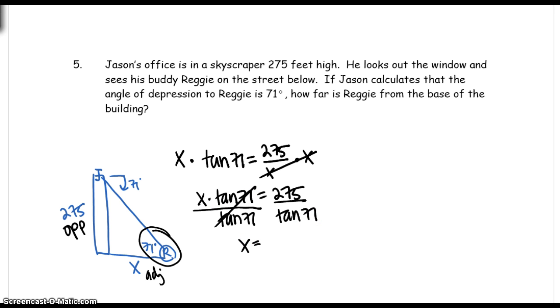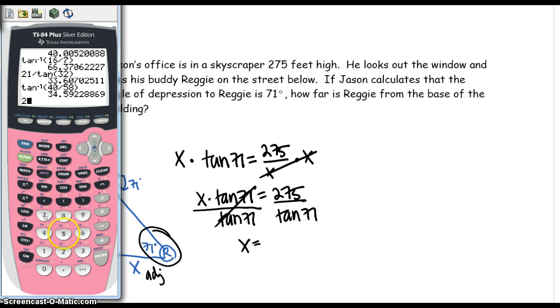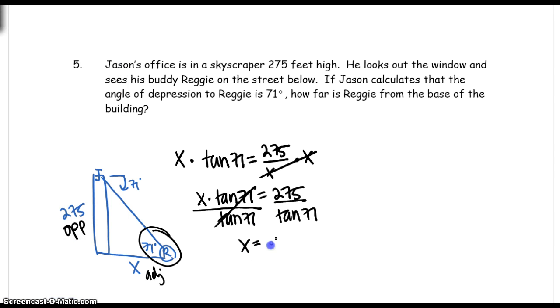So now we'll have 275 divided by the tangent of 71. And we're finding a side here, so I want to round to the tenths. Now, if I'm rounding to the tenths, that's one place out. So this 9 will definitely bump up this 6. So we'll have 94.7. And we have to ask ourselves, what are the units? So it's 94.7 feet. Okay? So that's about how far away Reggie is from the base of the building.